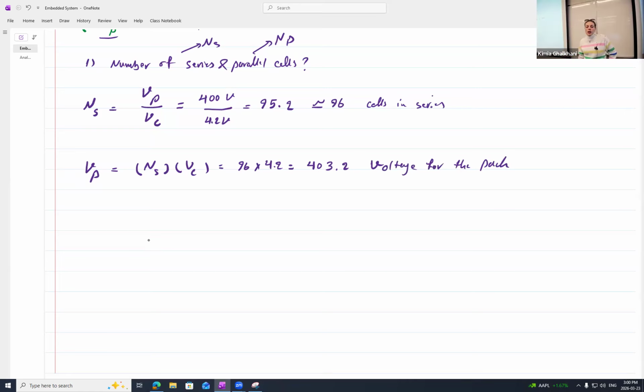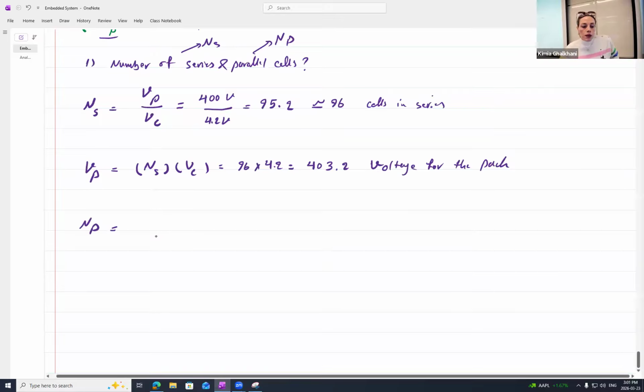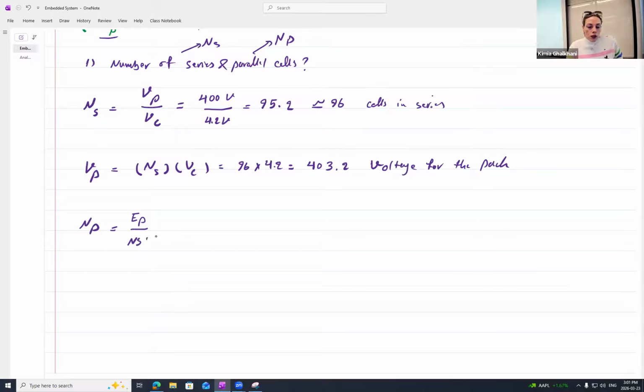Now I can calculate the number of parallel cells. NP, my number of parallel cells, is my total energy, EP, from the question, over number of series, cell voltage, and cell capacity. I already have all of them.